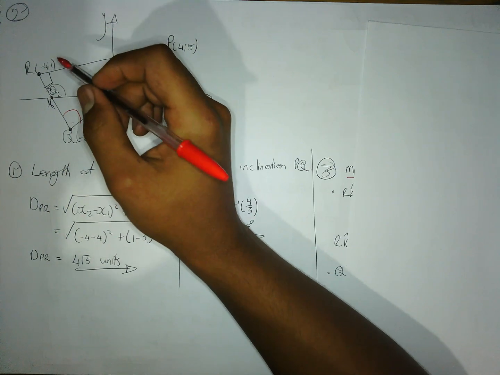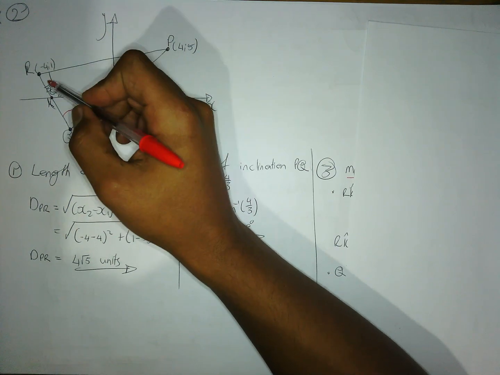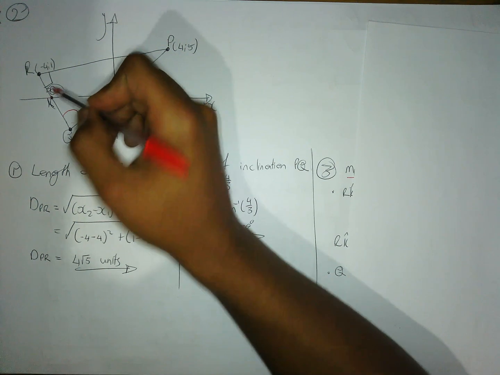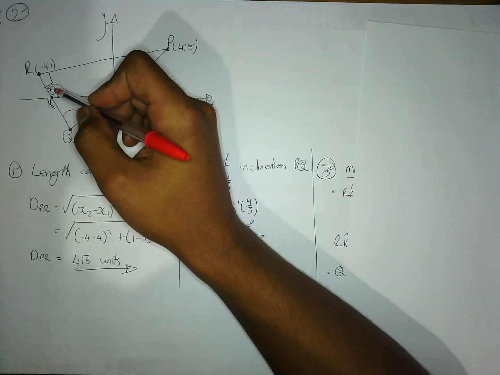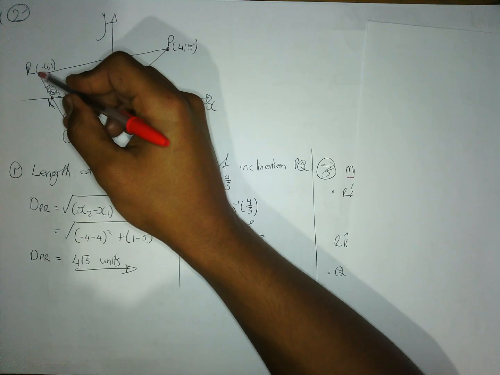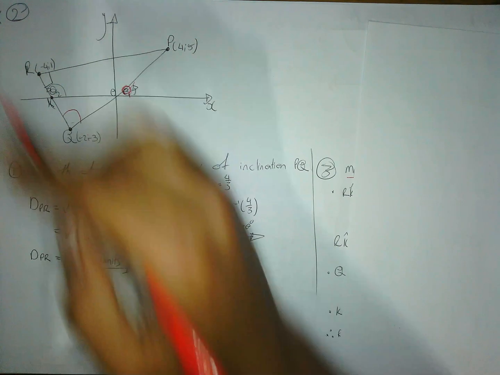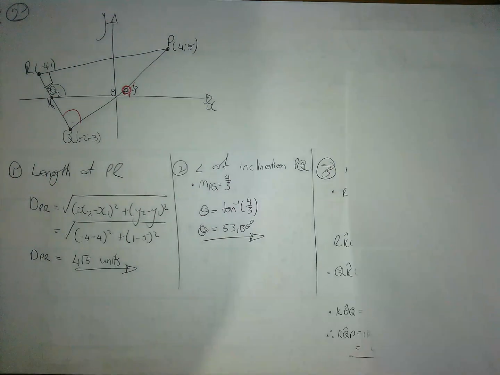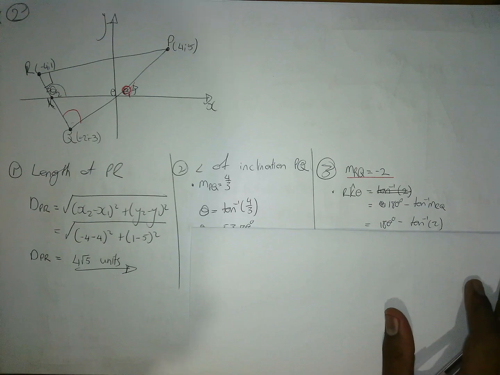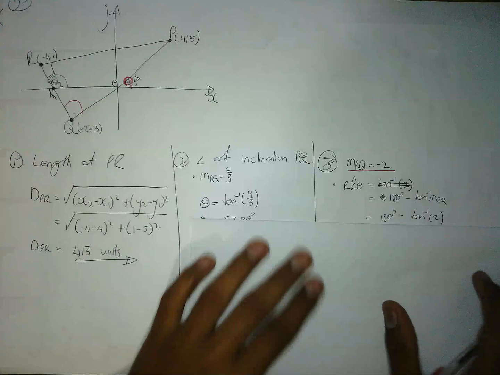So this angle equals 180 degrees minus inverse tan of the gradient of RQ, which is -2. So yes, the gradient is -2, right?